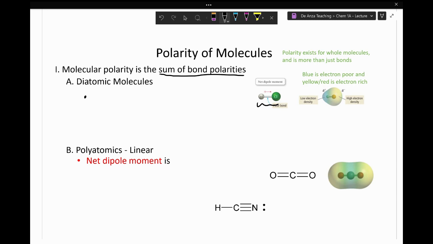And so we'll say that diatomics with polar bonds are themselves polar.